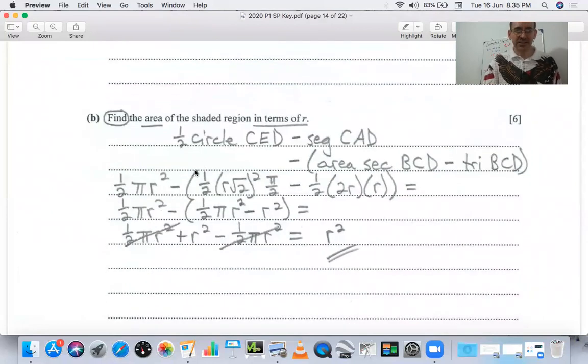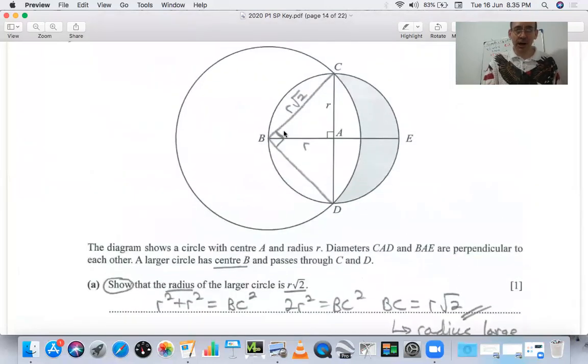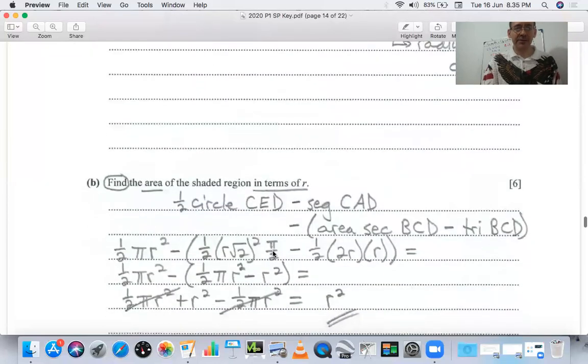Now minus, parenthesis, our area of a sector, which is 1/2 r squared theta. Well, our r is not r on the big circle. Our radius is r root 2. So we have 1/2 r root 2 squared, theta.